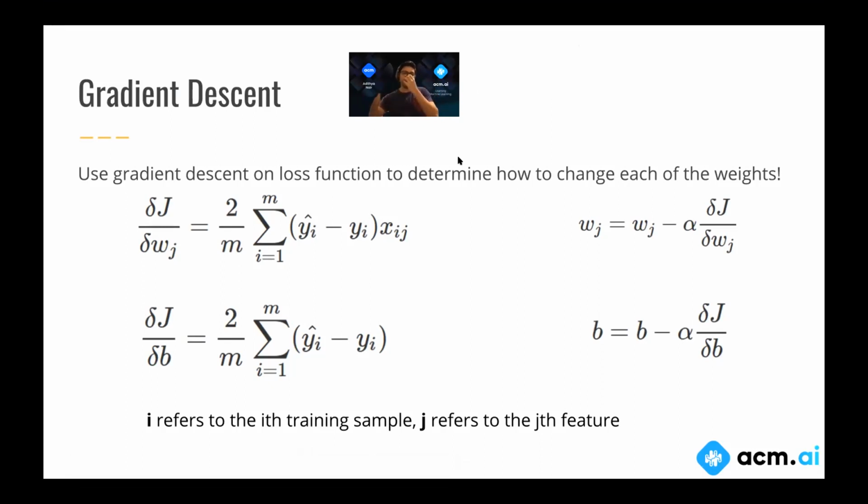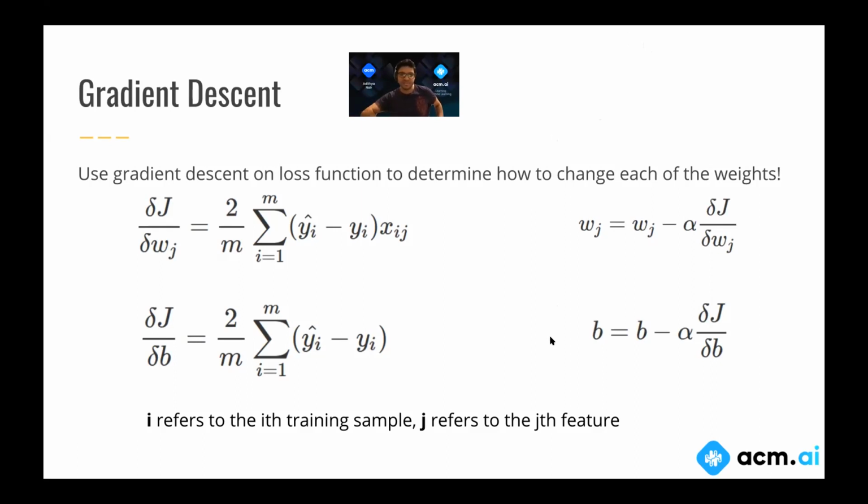So we have a single loss function, right? And we find the partial derivative of that loss function with respect to every single weight plus the bias. Technically, the two equations you see on the screen right now are not the only two equations we use in gradient descent. When we say w sub j, we're referring to some arbitrary weight.